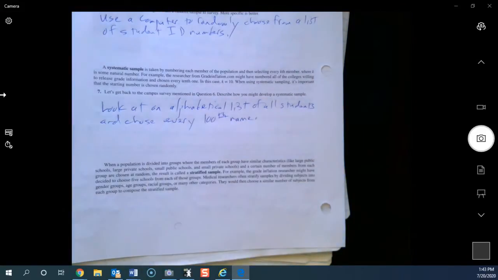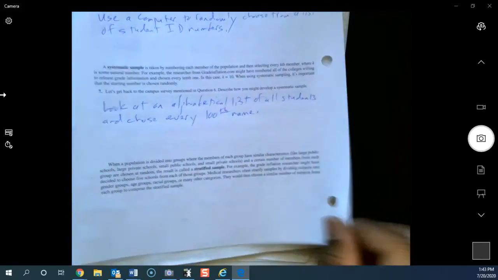For example, the grade inflation researcher might have decided to choose 5 schools from each of those groups. Medical researchers often stratify samples by dividing subjects into gender groups, age groups, racial groups, or many other categories. They would then choose a similar number of subjects from each group to compose the stratified sample.